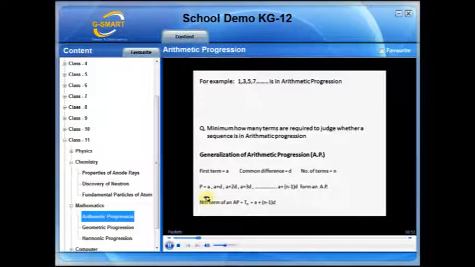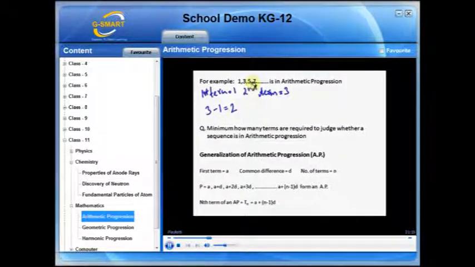Let's see an example. 1, 3, 5, 7 is an arithmetic progression. Let's see how. The first term in this sequence is 1. The second term is 3. If we take the difference between the second term and the first term, that is 3 minus 1, it is equal to 2.